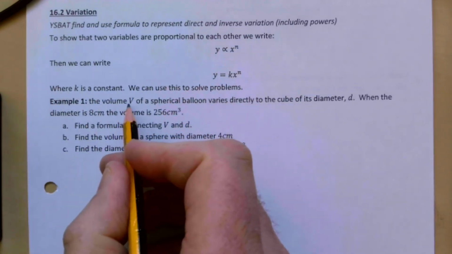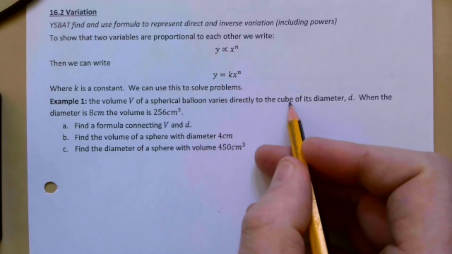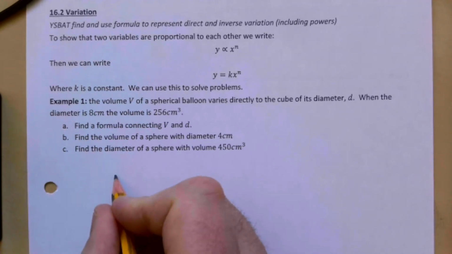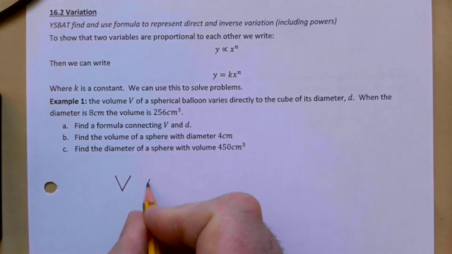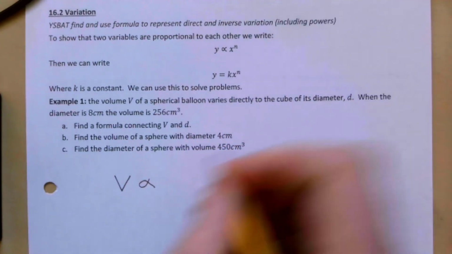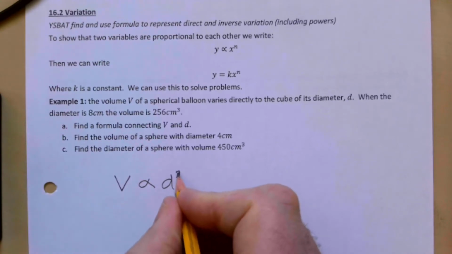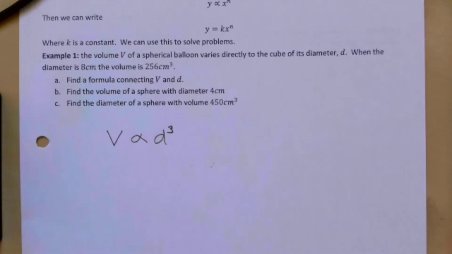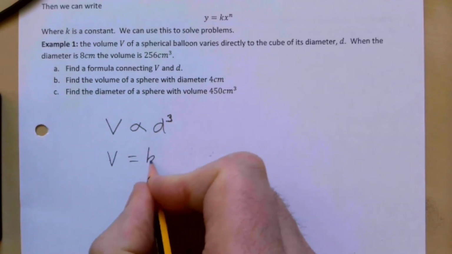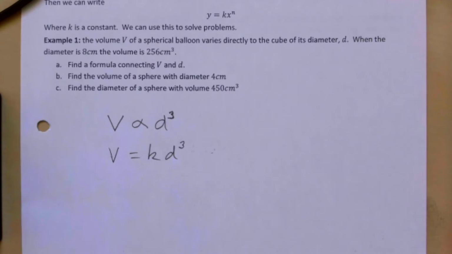The volume V of a spherical balloon varies directly to the cube of its diameter d. Here's what we're saying. We're saying that V is proportional to d cubed. That's going to be our first line in a question like this. We then want to write V equals k d cubed.